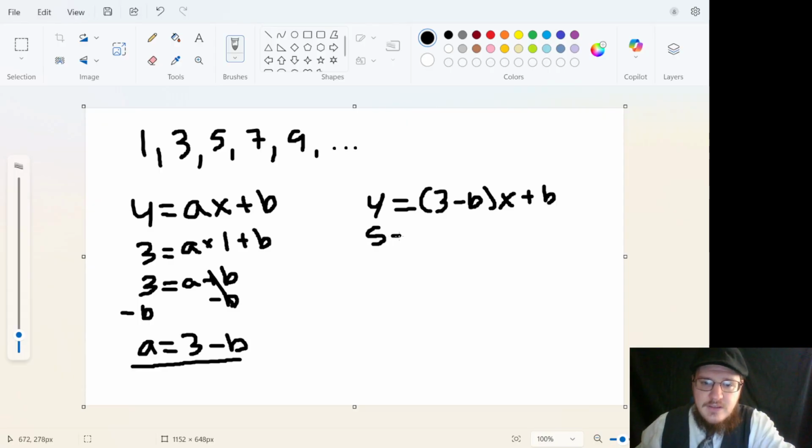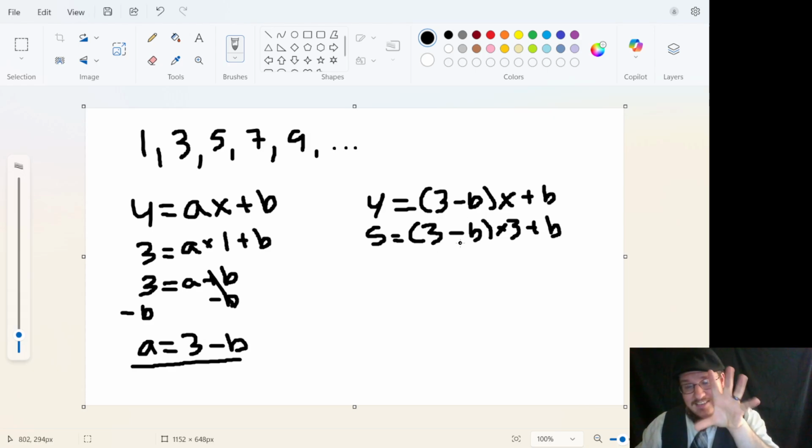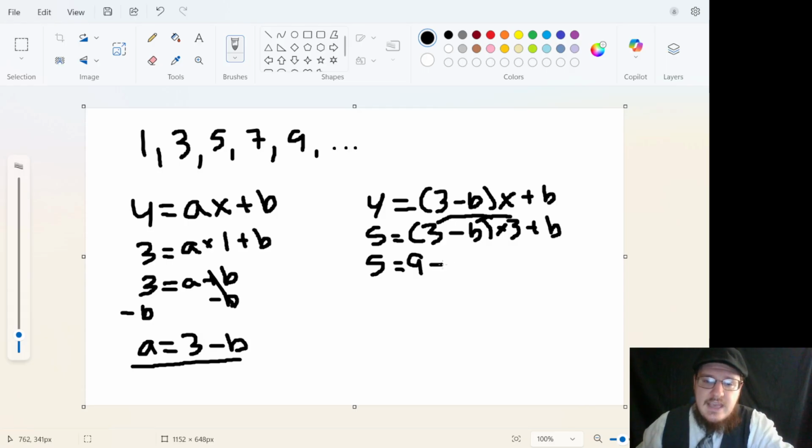So we're going to have 5 equals 3 minus B times 3 plus B. Now, because all of this is on the inside of the parentheses and we're multiplying, we have to distribute 3 to everything. 3 is going to go to the 3, 3 is going to go to the negative B here, because that is technically a negative B. So, 3 times 3, multiplication tables from last week, we got 9. 3 times negative B, you have negative 3 or minus 3B plus B.